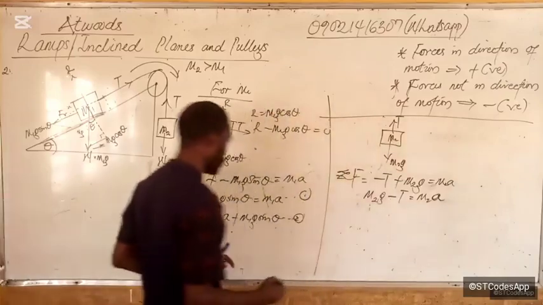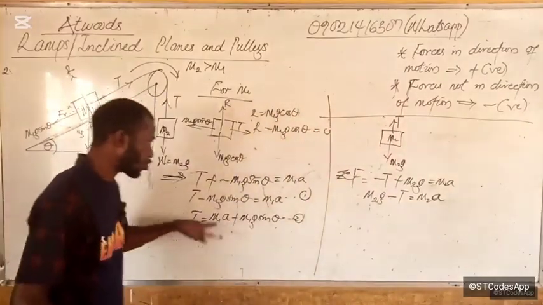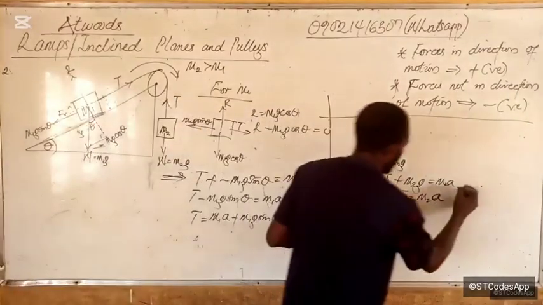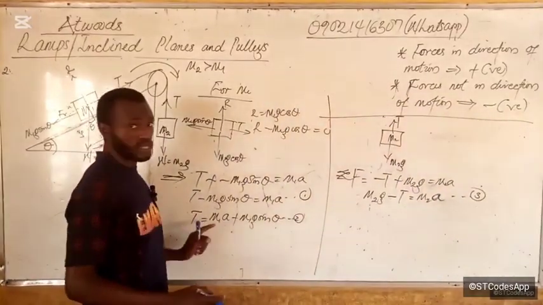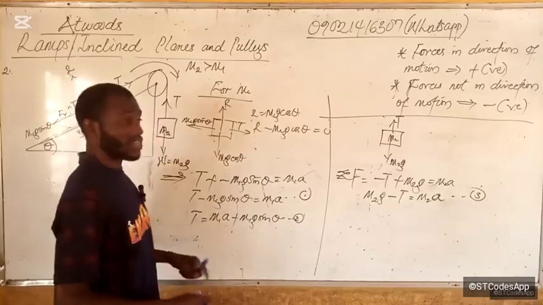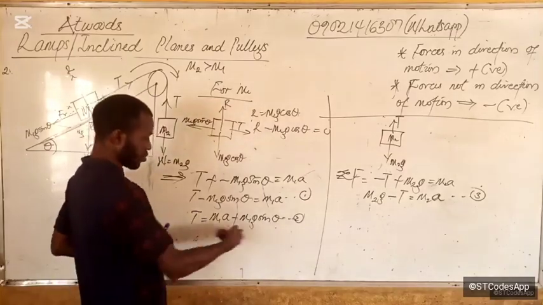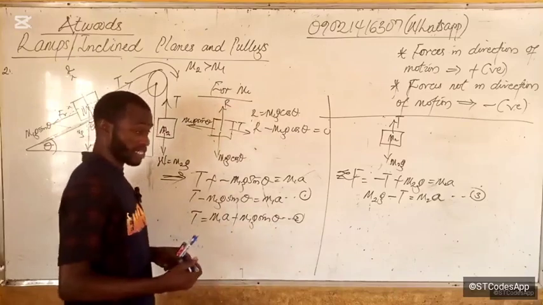All right, let's call this equation 3, and now substitute equation 2 into equation 3. So let's substitute for T. Tension might not be given in the question, especially in questions that require us to find the acceleration of the system.